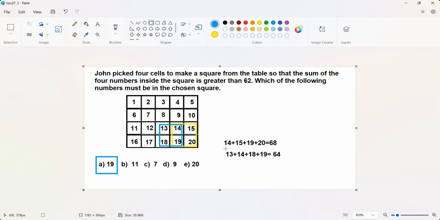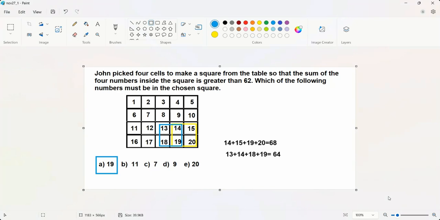So now we'll jump to some other versions of this problem and see how it works with other problems of similar type. The next problem says John picked up four continuous cells.